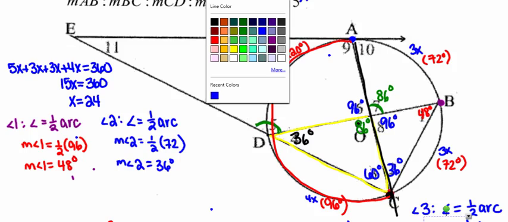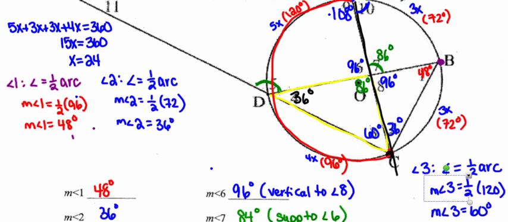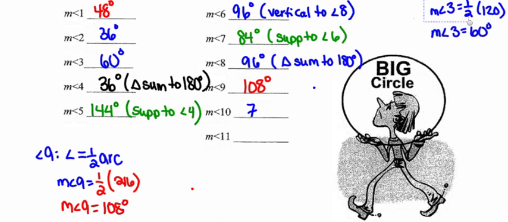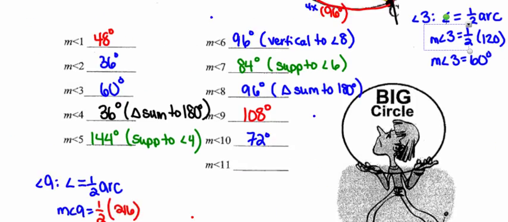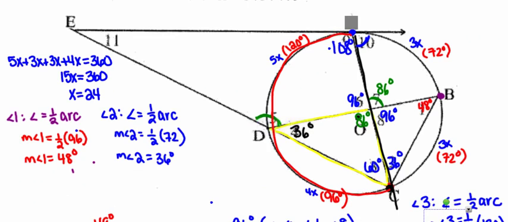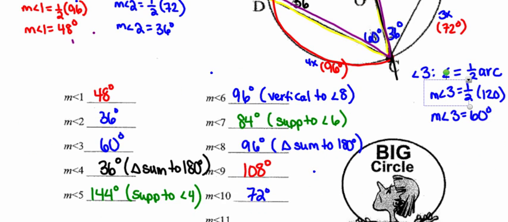Angle 10, we could find a couple different ways, but I think the easiest way is to just look at the supplement to the 108, making the degree measure of angle 10 72 degrees. And then lastly, angle 11, I'm going to look at this large purple triangle, and in that large purple triangle, I know the sum of the angles has to be 180 degrees, making the measure of angle 11 12 degrees.